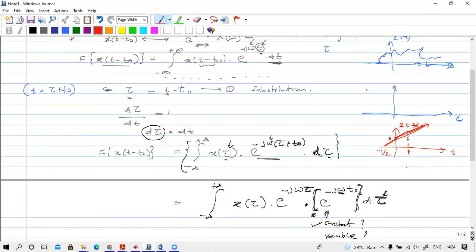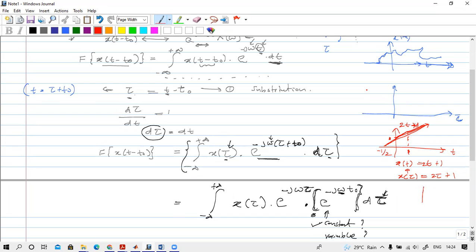Now if I remove these t terms, x(t) has the independent variable in 2t plus 1. I remove this t and write it with respect to tau. So now x(tau) is equal to 2 tau plus 1.